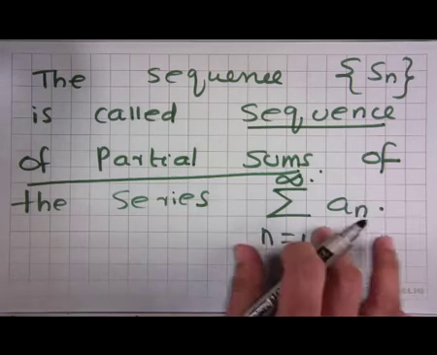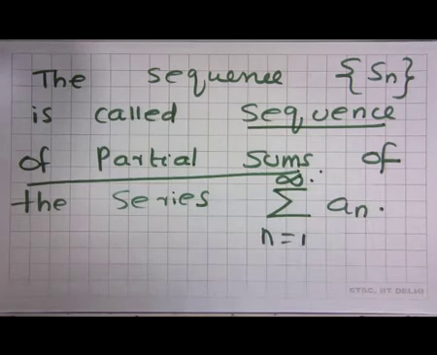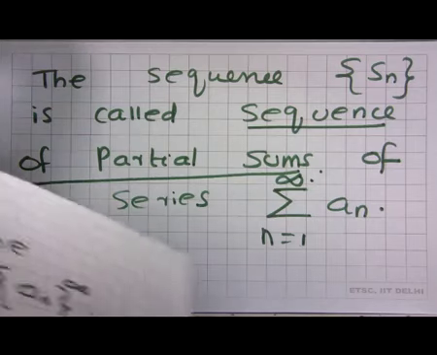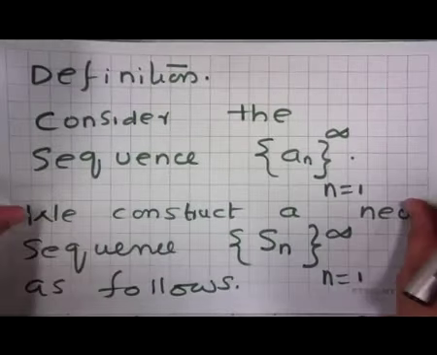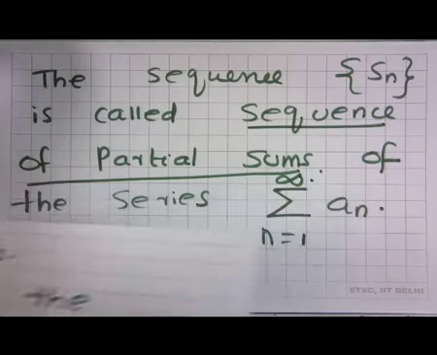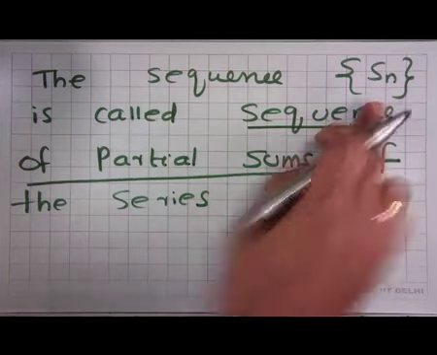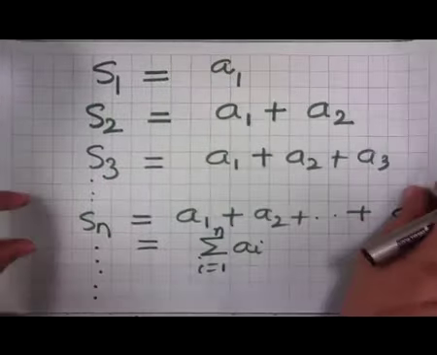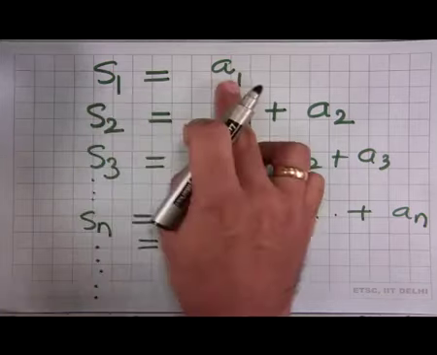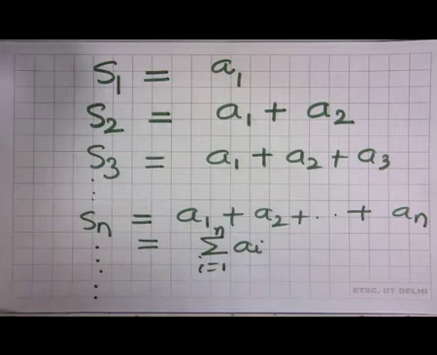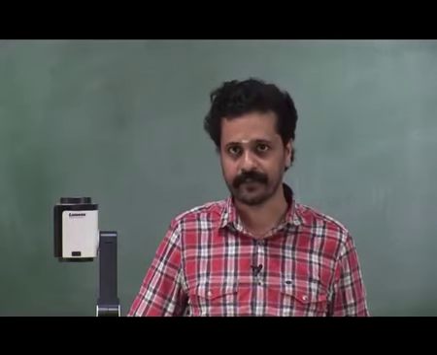And for this series, how do we define the sequence of partial sums? We construct a new sequence Sn, where S1 is a1, S2 is a1 plus a2, and so on. Is the definition clear?